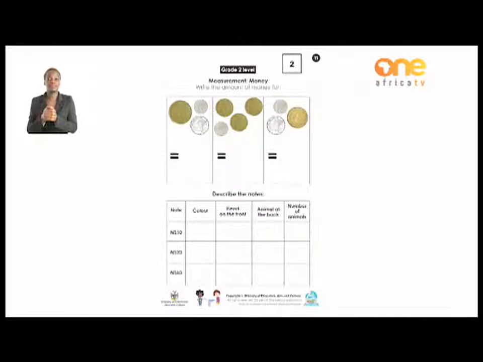Now you have $5, okay? And a 10 cent. Whenever you see a 5, you can also always count in 5s, all right? So it's a 5, 10, and a 15. So it means you have a 15, but not just any 15 number, you have a 15 Namibian dollar.